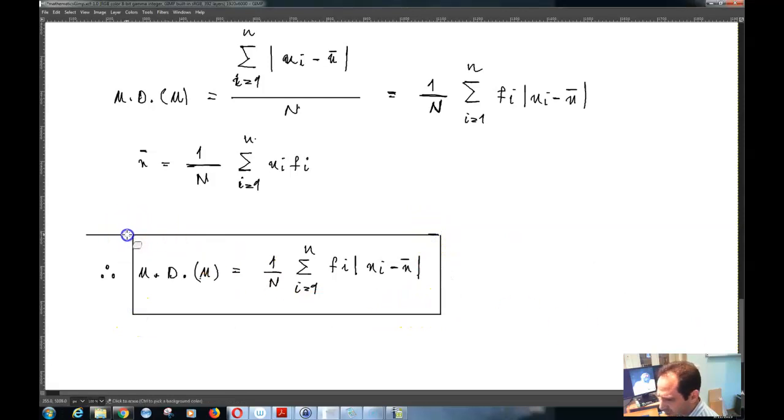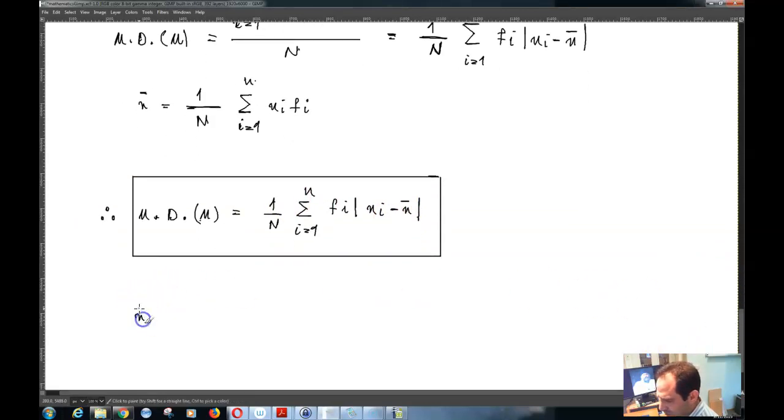On the other hand, if you want to calculate your x bar, your x bar is basically 1 divided by n, sigma x of I f of I as I goes from 1 to n.